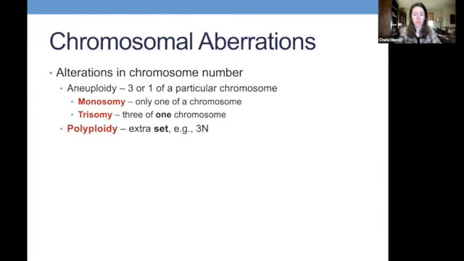If you are polyploidy, this is really bizarre. This would be not having 23 or 46 chromosomes, but whatever 46 plus 23 is, so 69 chromosomes total in all of your cells. And humans cannot survive with a whole extra set of chromosomes. We have some organisms on the planet that are a lot simpler, I guess you could say, in terms of their DNA.